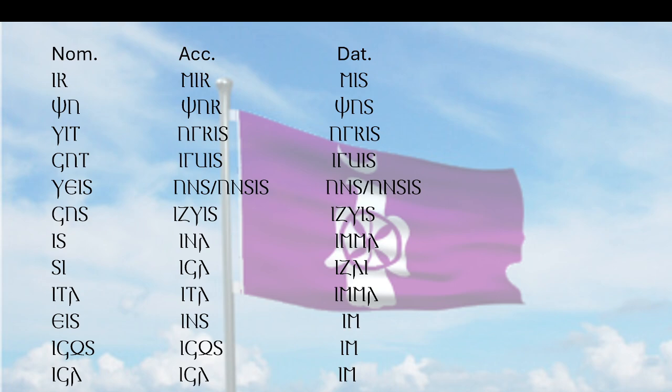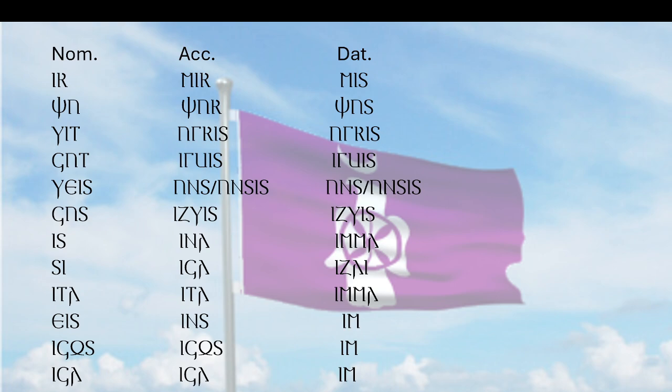So the dative case of ik is mis, thu is thus, wit is unkis, jut is igqis, uns or unsis, jus is izwis, is is imma, si is izai, ita is imma, is is im, ios is im, ia is im.